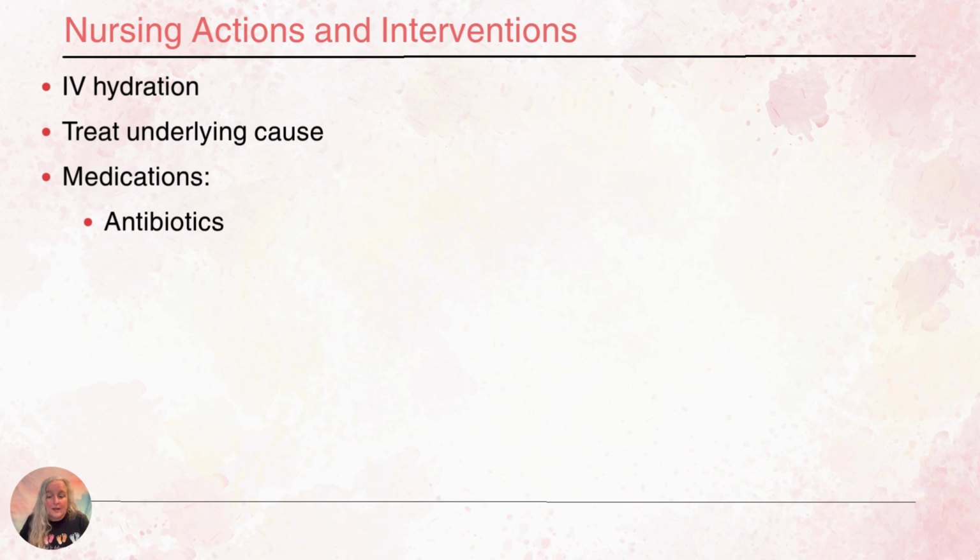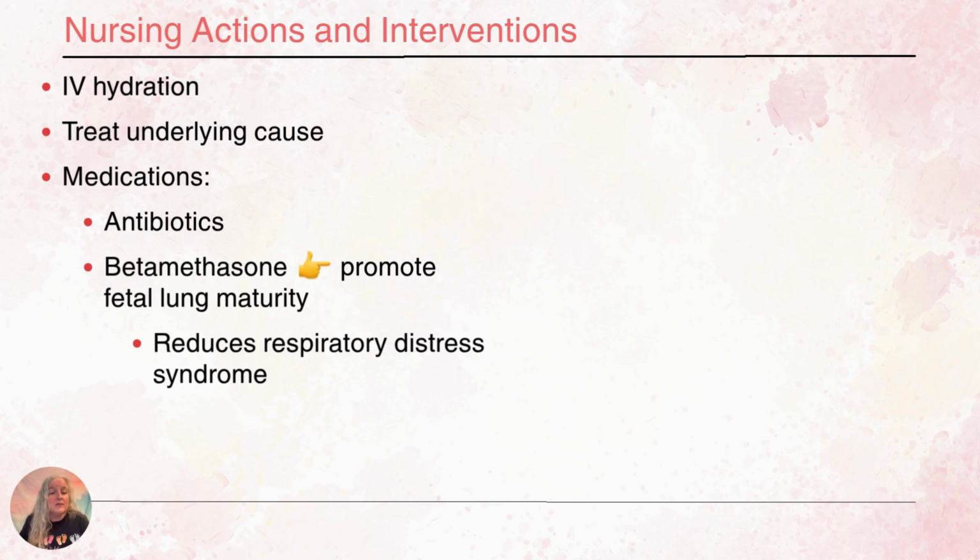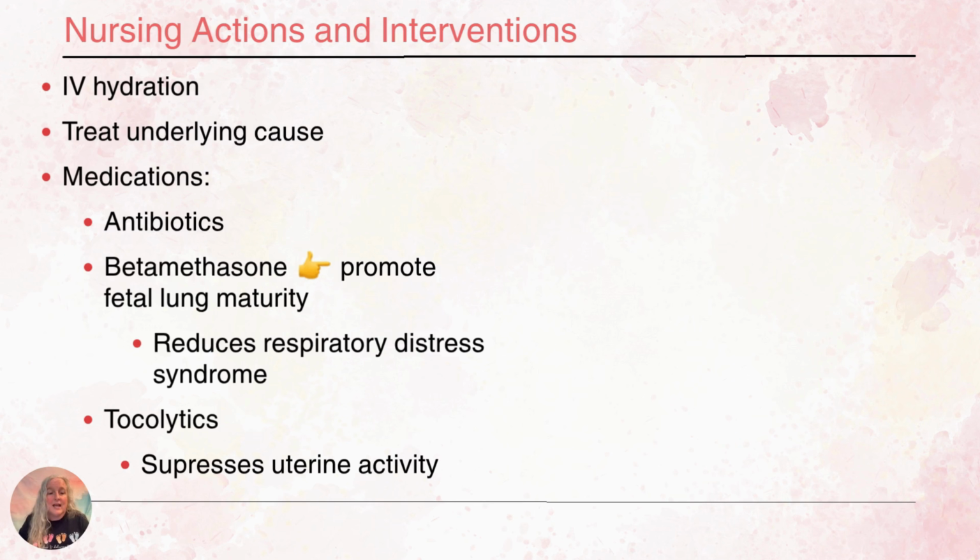Medications, so antibiotics, betamethasone to help promote fetal lung maturity and decrease neonatal complications if the baby's born early. And this is going to reduce the risk of respiratory distress syndrome for the baby. And then tocolytics are medications that can suppress uterine activity. This may not keep her pregnant for a long period of time, but it can kind of buy time for us to get betamethasone on board and help the baby's lungs develop.